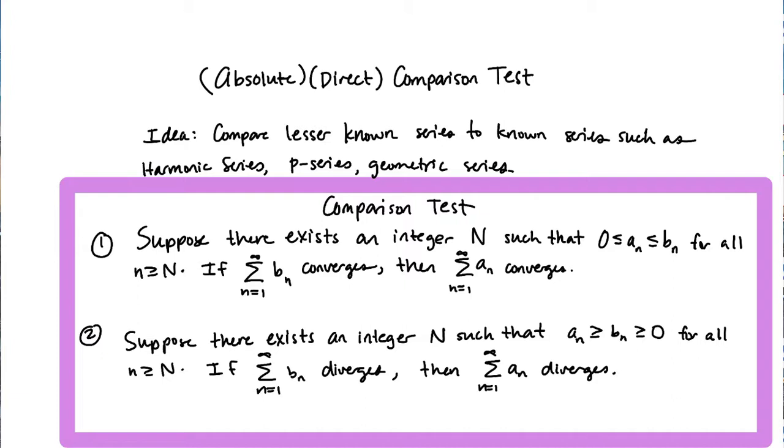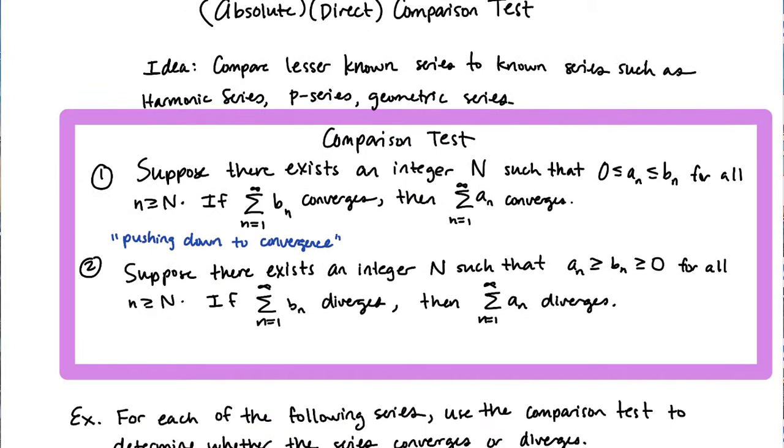Let's try and sum these conditions up in words, because this notation can be a lot when you're first seeing it. So we'll call this one pushing down to convergence. And we'll call our second condition pushing up to divergence.